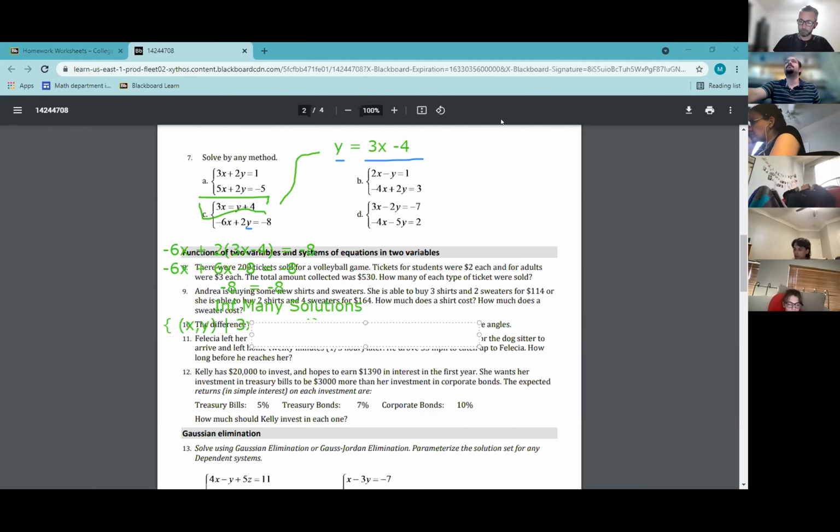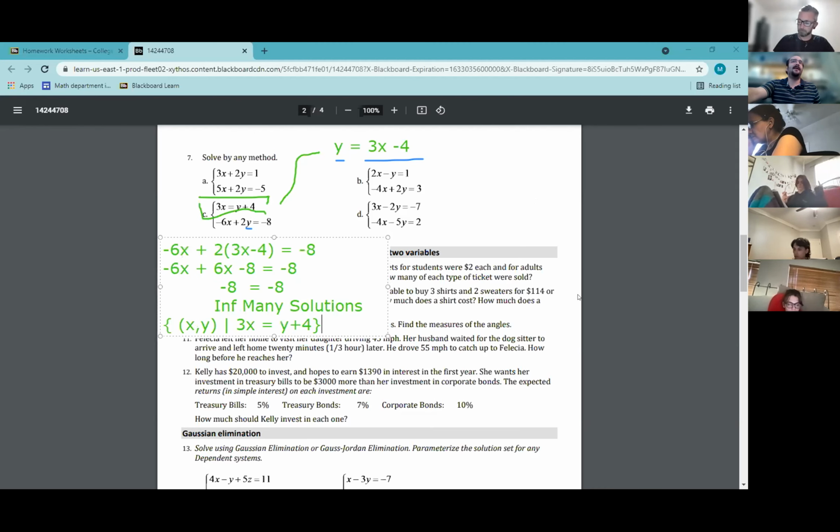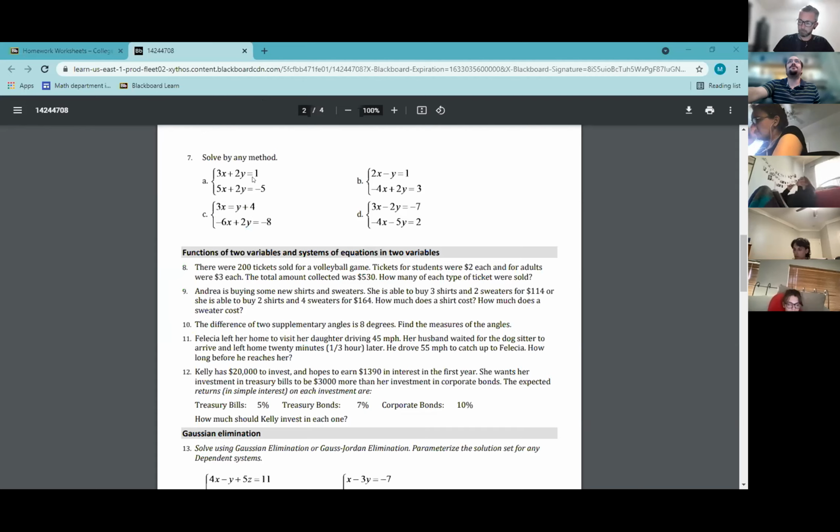Sorry if I'm interrupting, but I wanted to clarify something. Is there a way to know if we're supposed to do elimination or substitution? It's whichever one looks easier, basically. In the first one, we did elimination because these terms were set up with the same number, and we just had to multiply by a negative to get opposite signs.